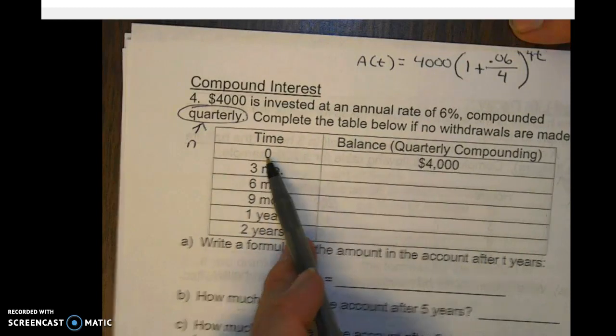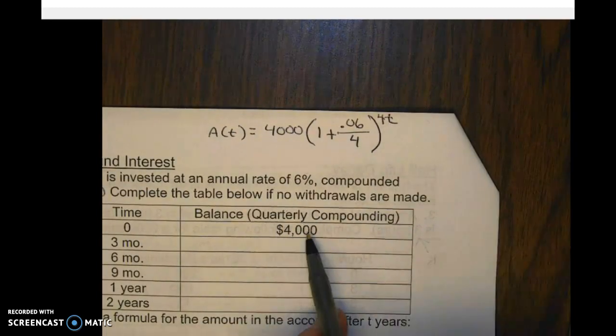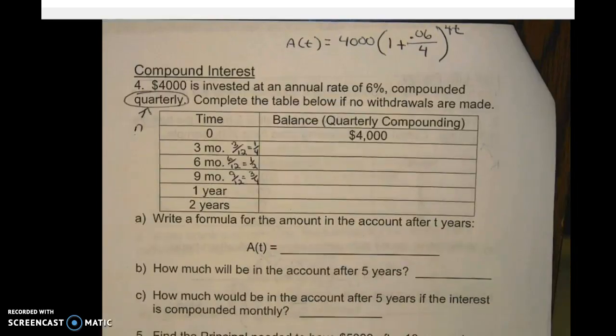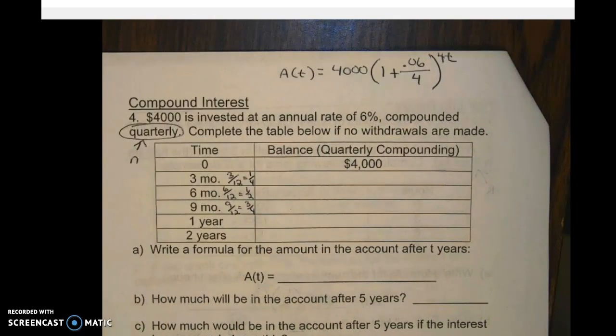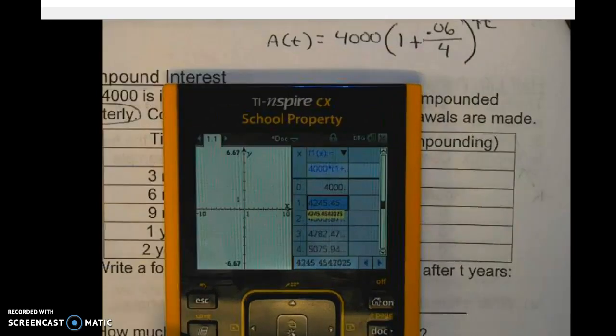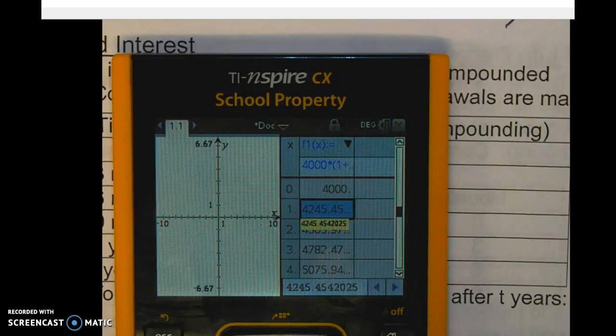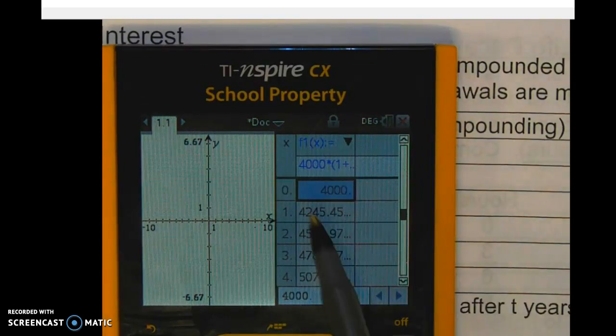So if I plug 0 in for t, then we get out 4,000. Okay, so what I did was I just paused the video for a minute so that I could plug this into my calculator. So notice after 0 years, we're starting off with 4,000.